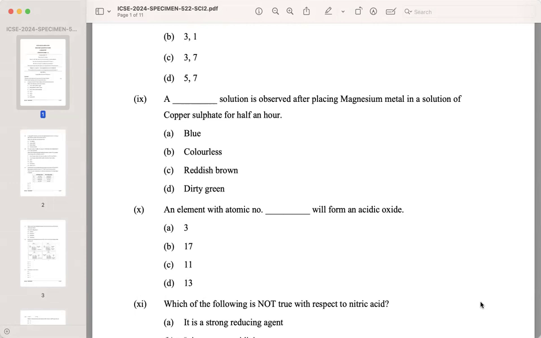13, again, is the atomic number of aluminium. It will not form an acidic oxide. It will form a basic oxide. And moreover, your aluminium is also amphoteric in nature, so that also you have to remember. Here it's saying an element with atomic number dash will form an acidic oxide. So it will be your 17, which is the atomic number of chlorine.